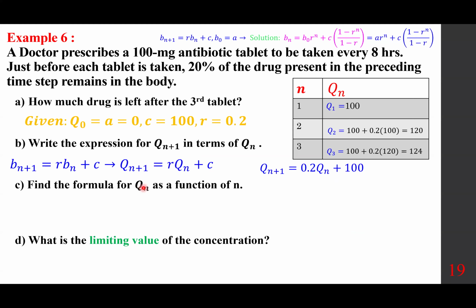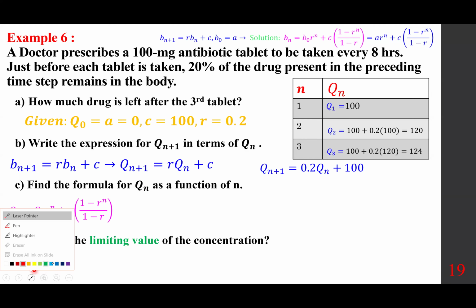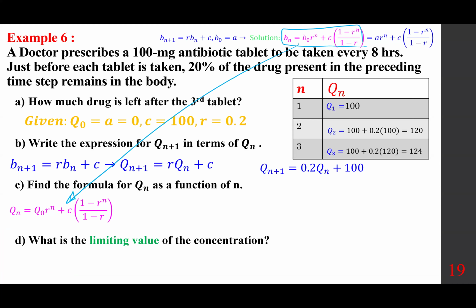Find the formula for Q sub n. We look at this one and change the B to Q. And we use the given.